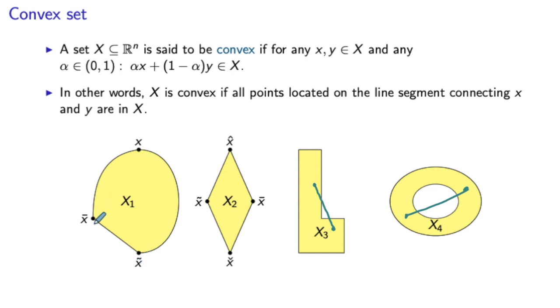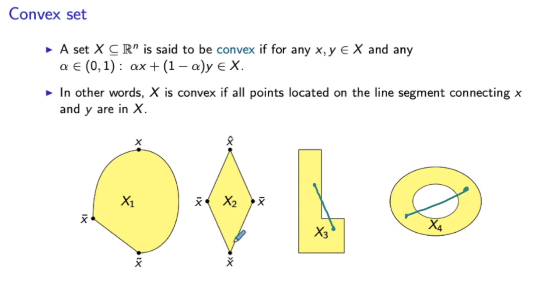In fact, any point on this part of the boundary, non-linear part of the boundary, is going to be an extreme point. But let's say if I have a point on this part of the boundary between x bar and x tilde, then that point can be represented as a convex combination of x bar and x tilde, so it's not going to be an extreme point. So essentially the set of extreme points for this set will be all the points on this part of the boundary.